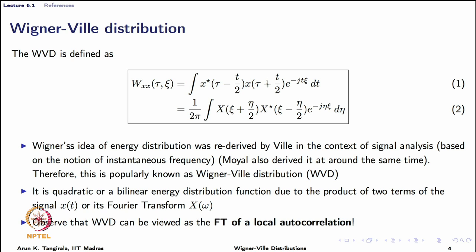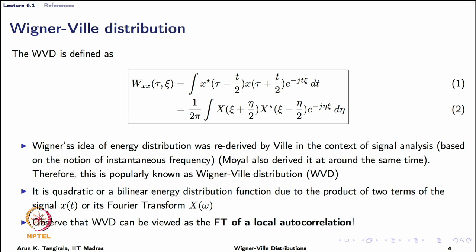Now, what is happening here is very important to understand, rather than just looking at the integral or getting intimidated by it. The first point to observe is that this is a quadratic or bilinear energy distribution, because you are involving a product of the signal with itself.